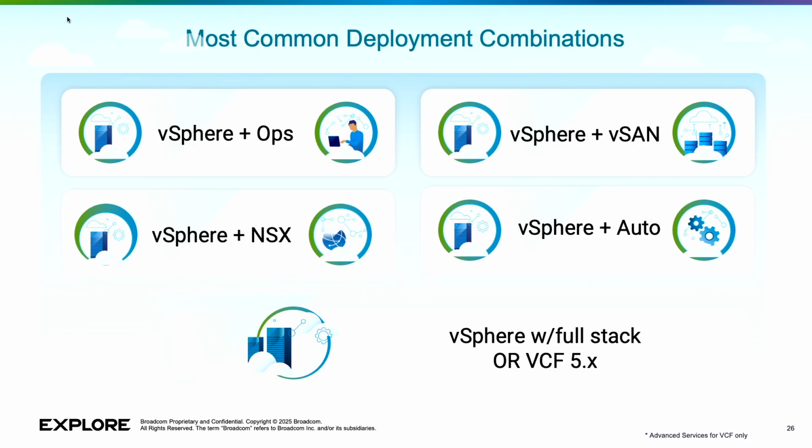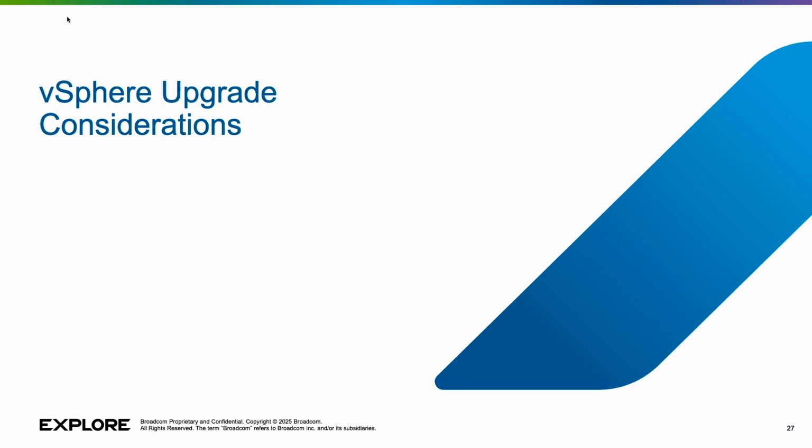You have Ops, NSX, Automation, vSAN, and we also see that in a lot of situations customers have VCF, like a lot of you currently do, but you've also deployed a lot of these components a la carte that's equivalent to a full stack. So depending on the combinations you have, and you're moving to 9, we wanted to create unique guidance for you to make it easy and seamless to move to 9. Because depending on what you have in your source environment, you can pick and choose what you want in terms of moving to the new world.